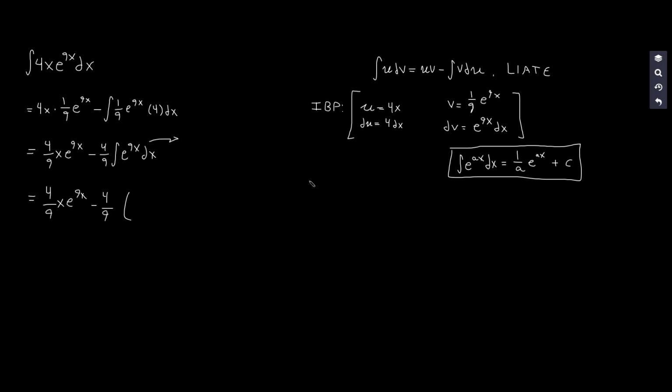And the integral of this is just going to be 1 over 9 times e raised to the power of 9 times x, plus c. And so this is going to become 1 over 9 times e raised to the power of 9 times x plus c.